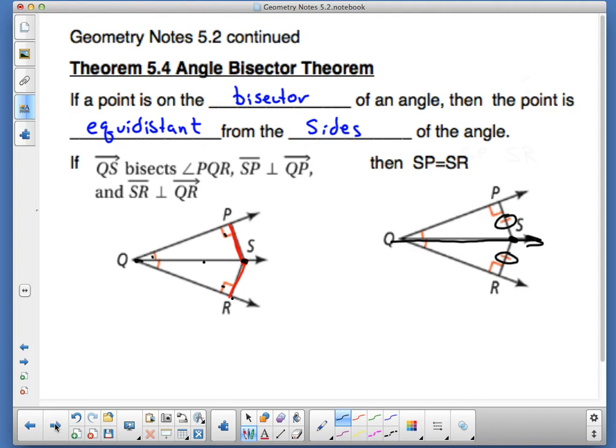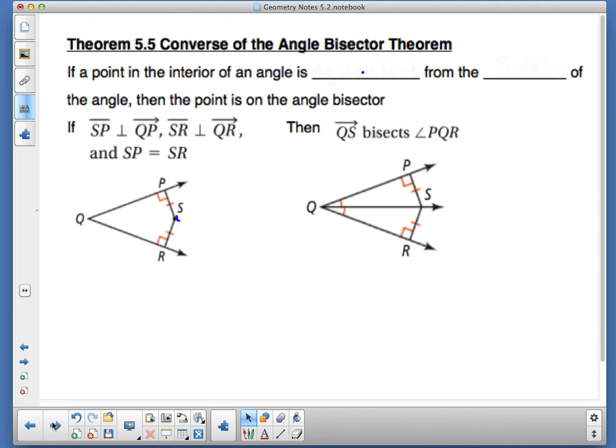But I just talked through, based on the information of chapter 4, that these two triangles are congruent because of angle, angle, side, and by CPCTC, corresponding parts of congruent triangles are congruent. SP and SR must be congruent as well, okay? So now we are extending our knowledge beyond just the stuff we're learning today. Now, that's the angle bisector theorem. Remember, we have a converse of it.